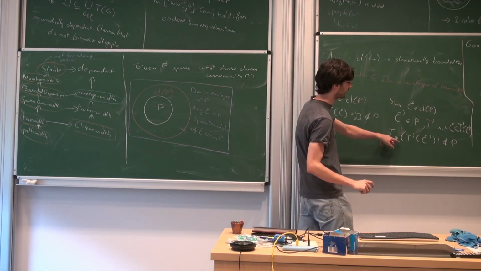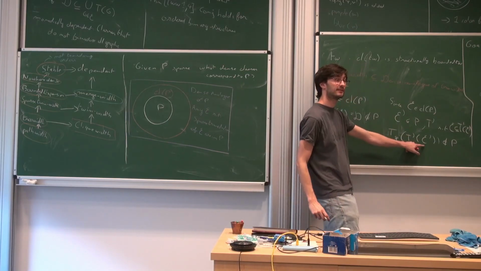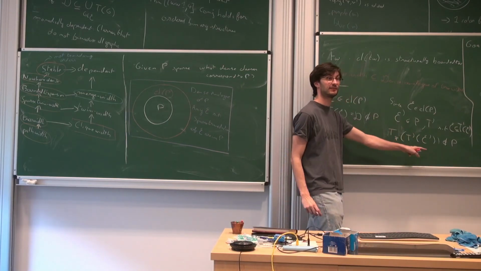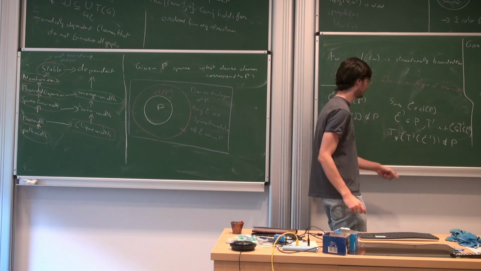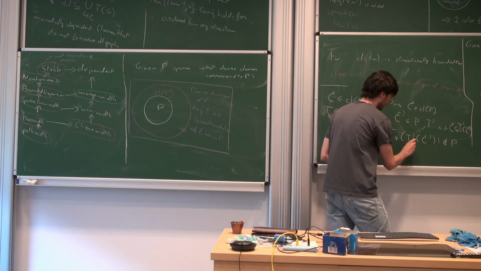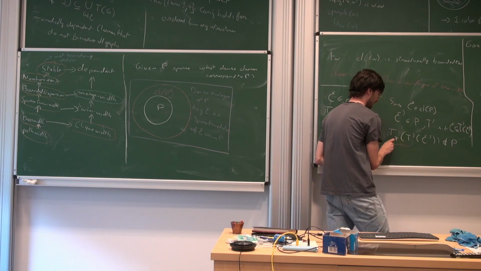This means that C prime is in a property P that is not stable for sparse transduction, because this whole transduction here is sparse.